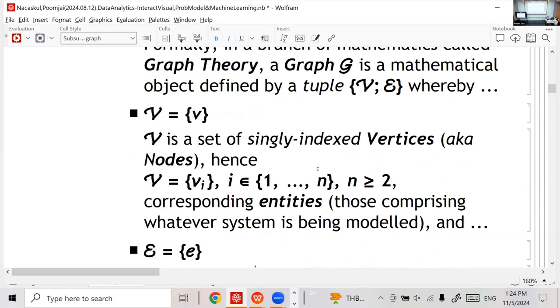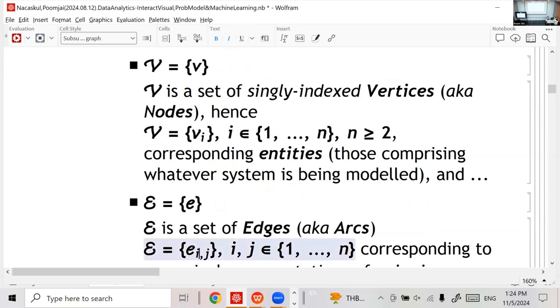E is the edges. The purpose of E is to connect vertices. So right away, you can see E has got 2 indices. Let me ask a very simple question. In a system where you have n vertices, how many edges can you have?